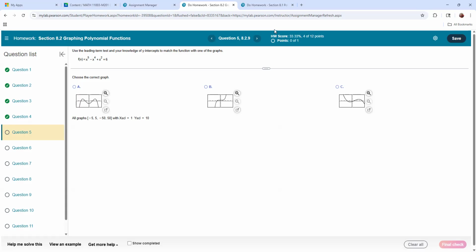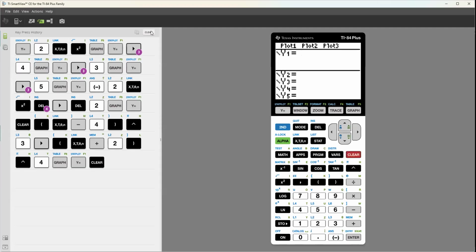So y'all, I'm going to write this down real quick. F of x equals x to the 5th minus x to the 4th plus x squared plus 6. They said -5 to 5, -50 to 50, and x was 1, y was 10. So let me show you how to set a window based on what they're telling you. All right, so I'm going to go to y equals and clear everything off.